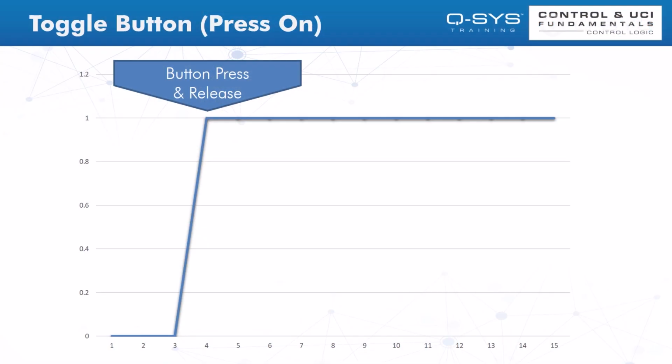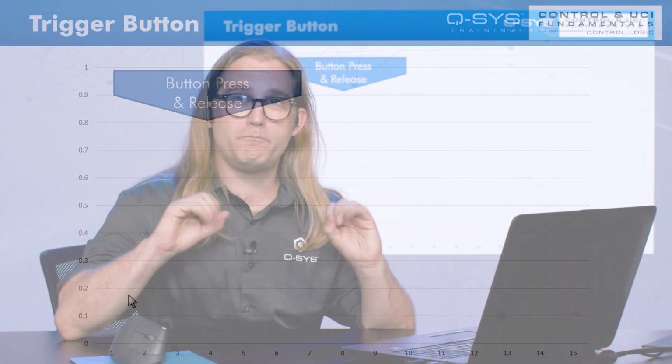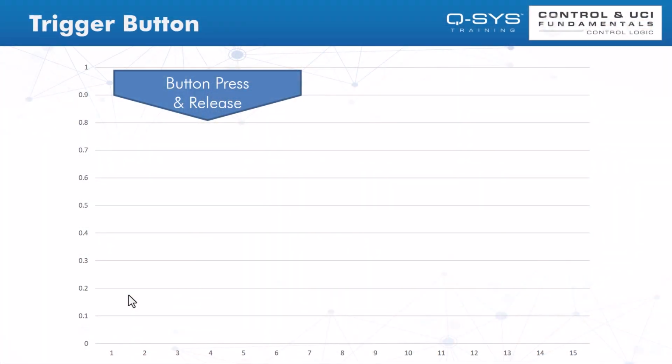The toggle button, when you press it, jumps up to 1, it's true, it stays there as long as you don't press it again, but when you press it again, then it's going to go back to off or false. And then the trigger button, when you press it, it's just out there in the ether. Nothing happens with zeros or ones, trues or false, ons or off. It's initiating that event. So we're not going to get that kind of feedback.